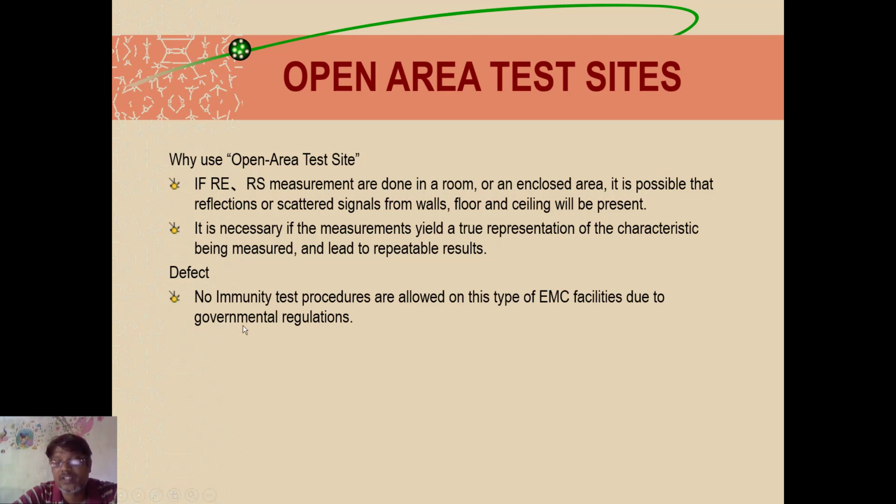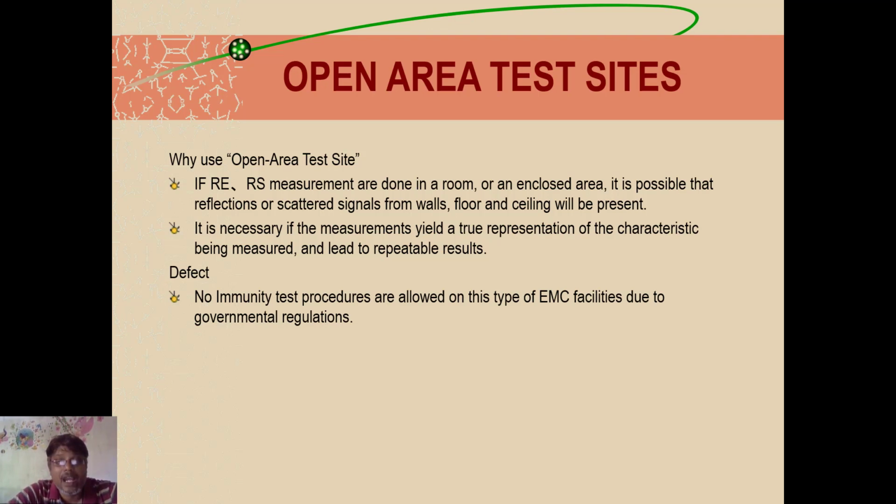And the defects: what are the defects? No immunity test procedures are allowed on this type of EMC facility due to governmental regulations, because with curiosity, some people generate high radiation, and because of the high radiation the equipment burns, and then the fire spreads everywhere like a forest fire, and a lot of loss will happen, in terms of economy and human life.